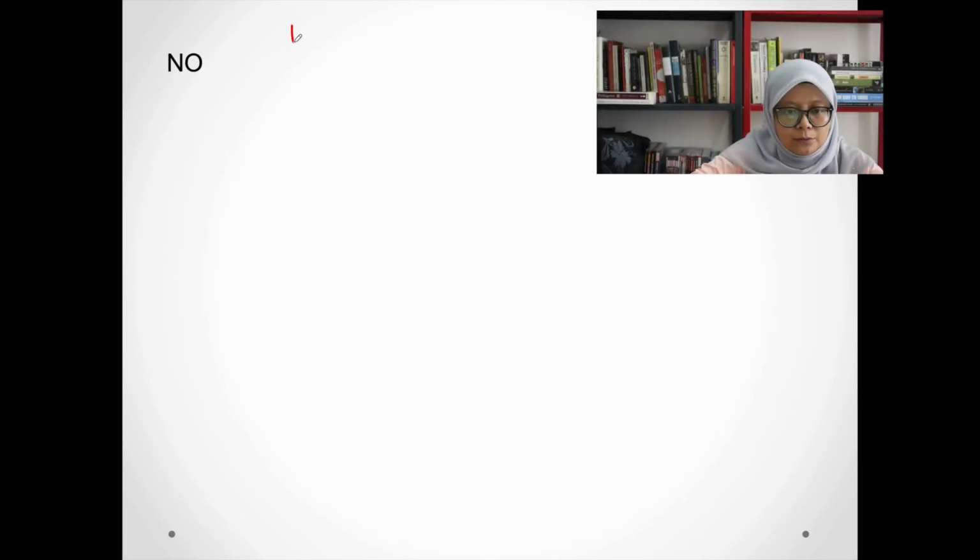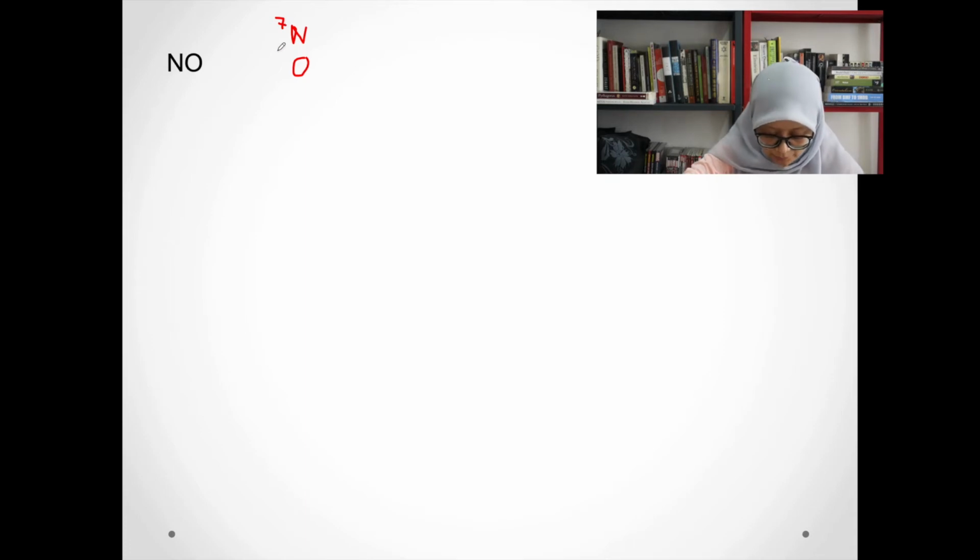Second one, how to draw the molecular orbital for NO. As usual, you need to list down N and also O. What is the proton number for N? 7.